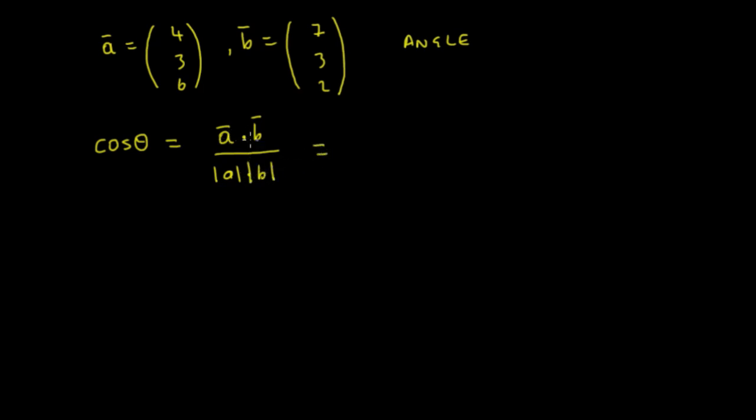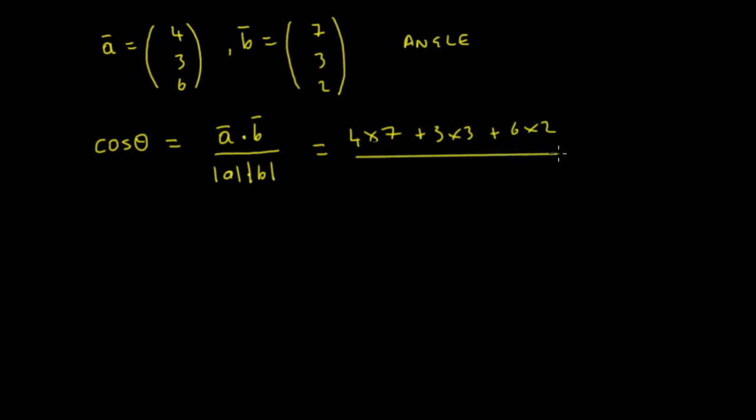For A dot B, we just multiply out each component, so it's going to be 4 times 7 plus 3 times 3 plus 6 times 2.